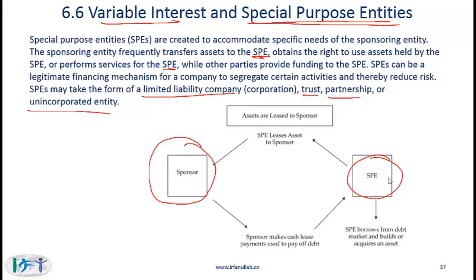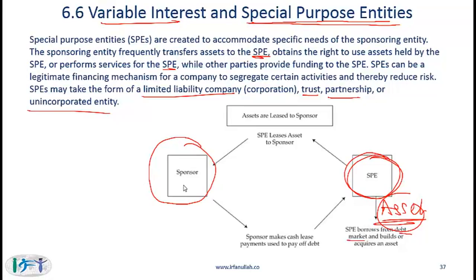What can happen here is that the SPE buys the asset and funds the purchase by borrowing from the debt market. Since the asset is owned by the SPE, this asset can be used as collateral, and since the collateral is very well defined, the cost of borrowing here will be relatively low.